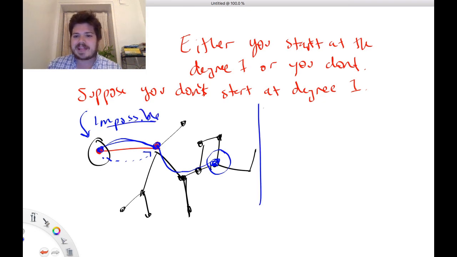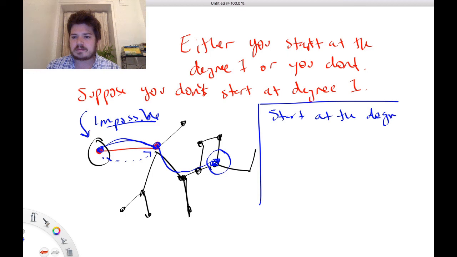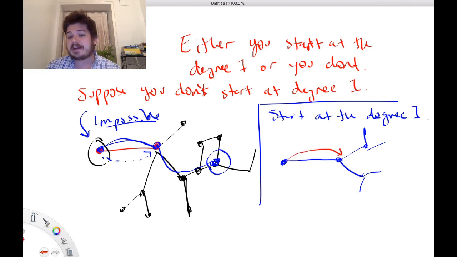So next case, and this is very easy to see why this is impossible too. Suppose you do start at the degree 1 vertex. Well, immediately there cannot be a cycle, right? Because once you cross this edge, there's no going back. So you cannot reach back to your vertex.